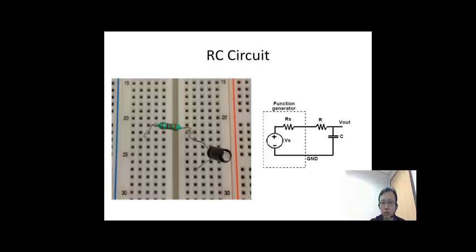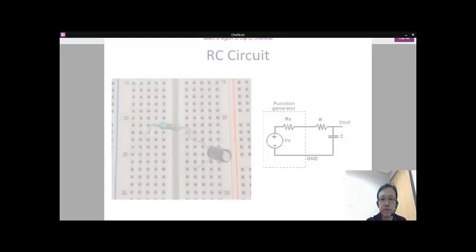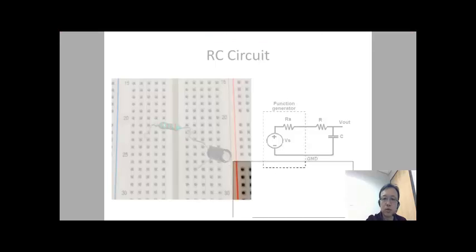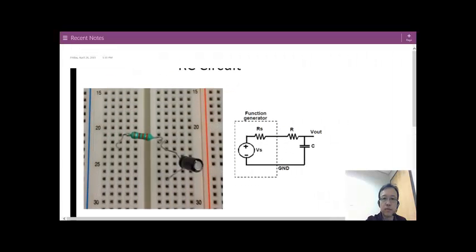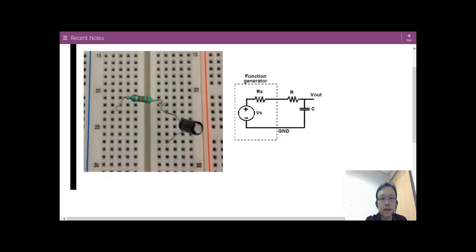This is the breadboard we want to work on. So let's have a look at how to get this going. On the right hand side, the circuit here is a particular low pass filter.